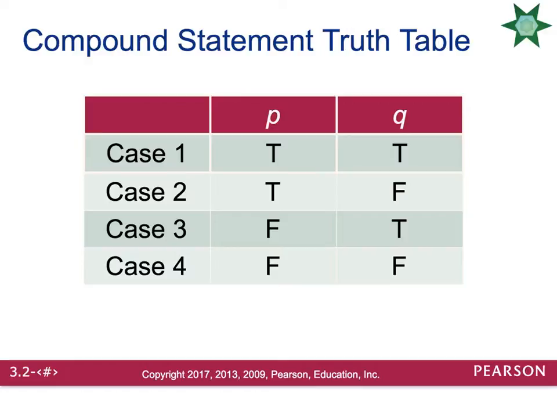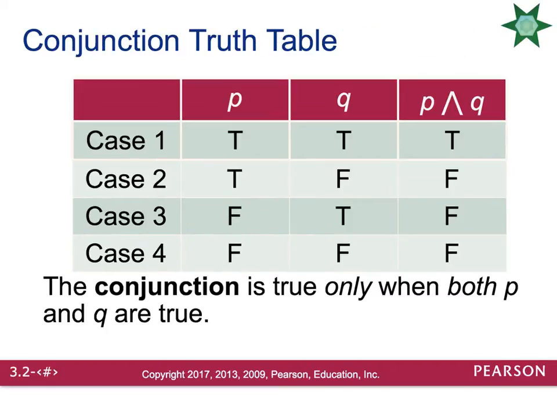So whenever you have two statements, you're going to have 2 squared equals 4 different scenarios, because you're combining two things. It's kind of like our sets where we had 4 regions. So we have true, true; true, false; false, true; or false, false. Okay, so let's first look at conjunction.